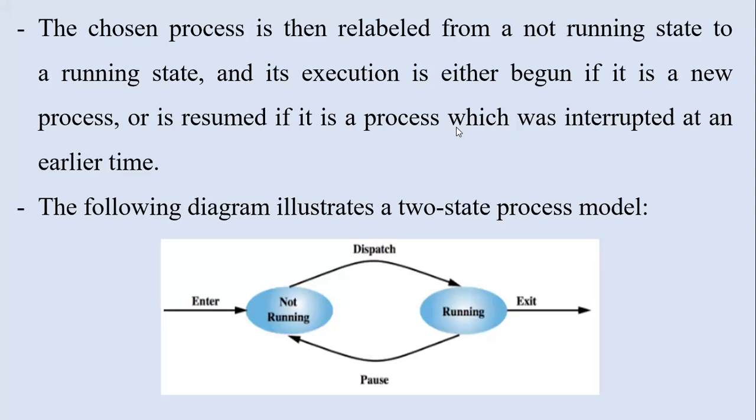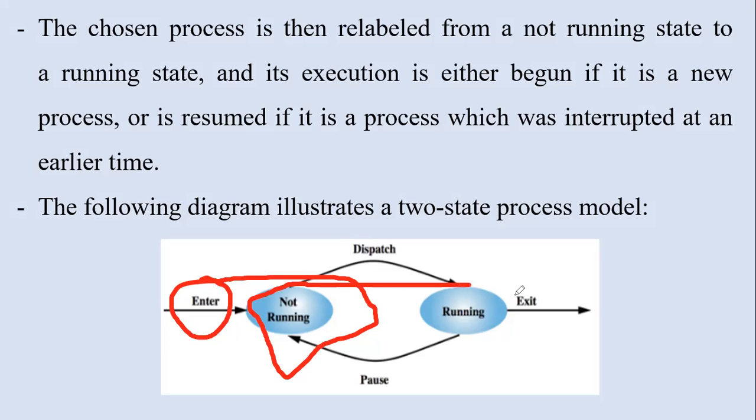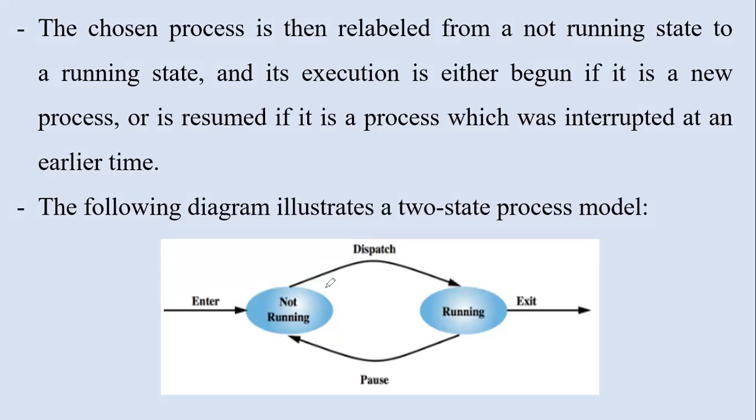And as you can see, my dear students, a process enters, it is lined up in the main memory, waiting for its turn, and then it is assigned the processor. So in this case, a process is viewed to be in two states.